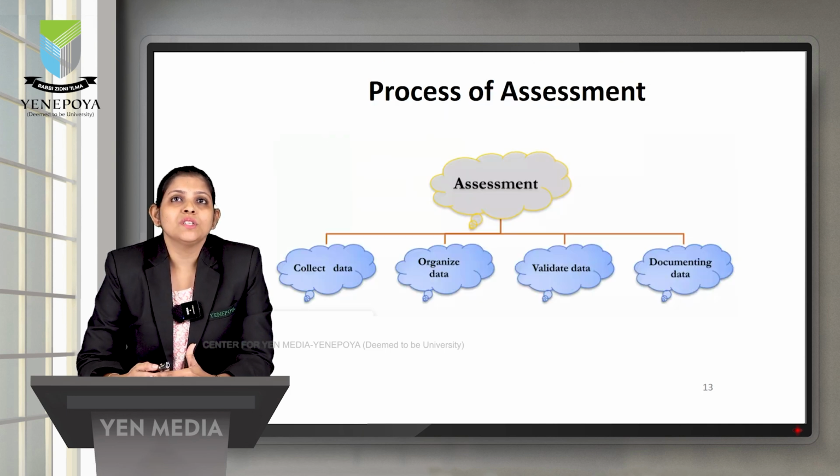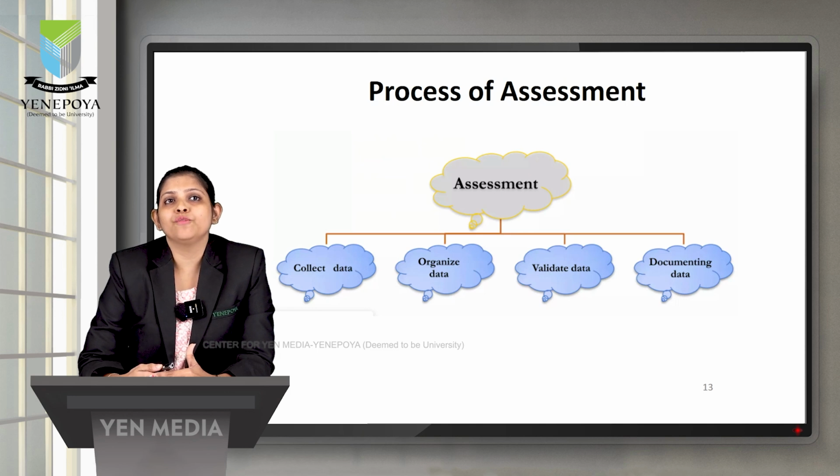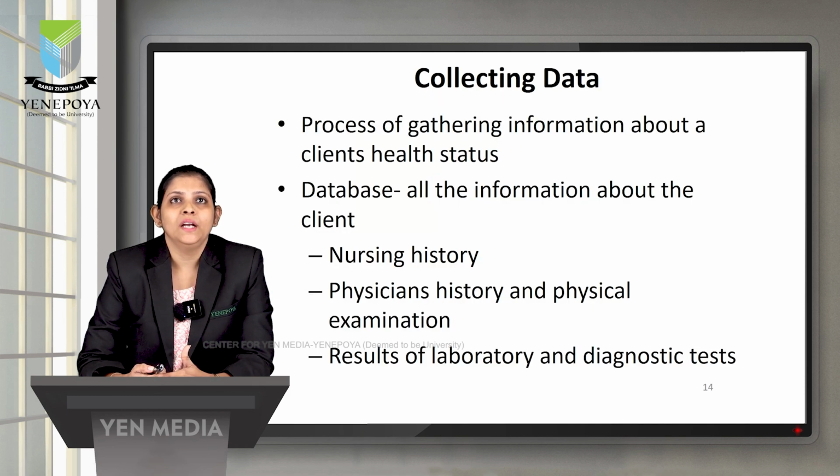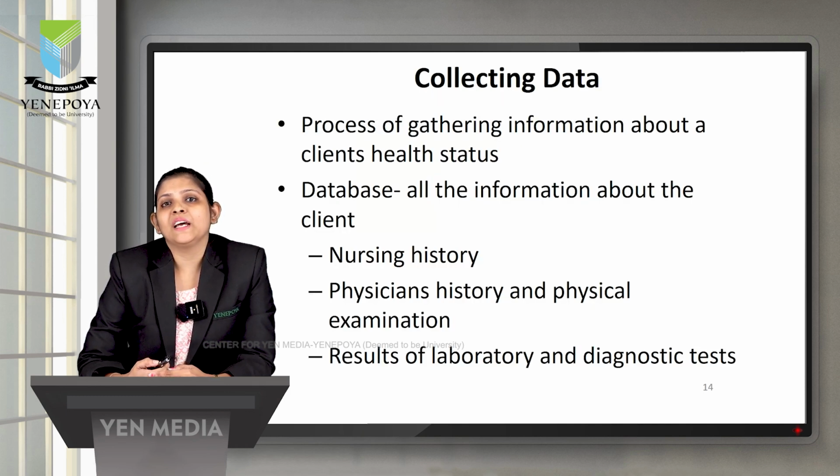Next, coming to the process of assessment, it mainly has 4 steps: collection of data, organization of the data, validation of the data and documentation of the data. So first step is the collecting data, so where we gather the information from the patient. So we can refer all the databases in order to gather the information from the patient.